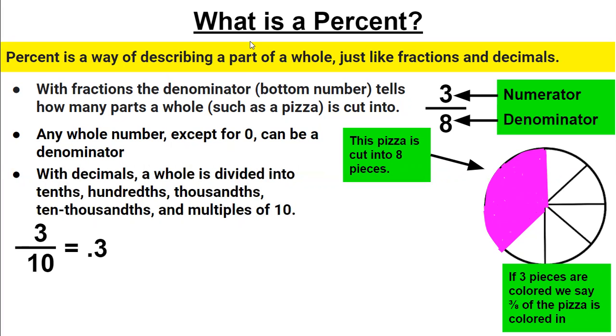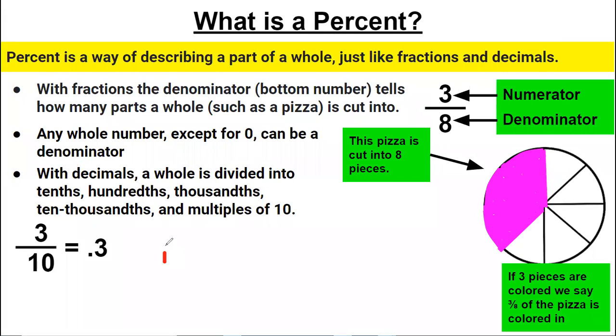How did I get that? I would have done 3 divided by 10. And you guys have done that, so you know how to do that. You put a decimal point and a 0. 10 goes into 33 times. So that's where the 0.3 is coming from.